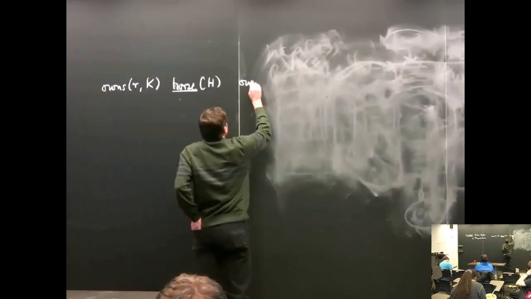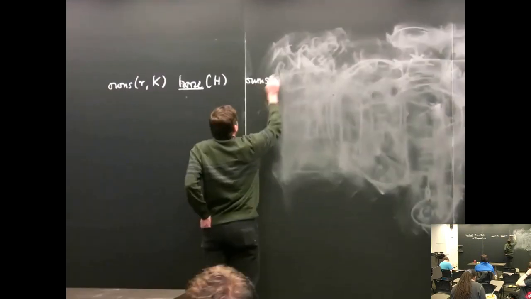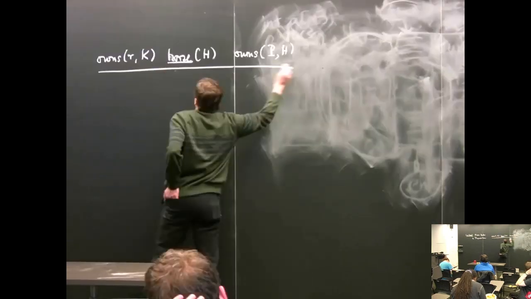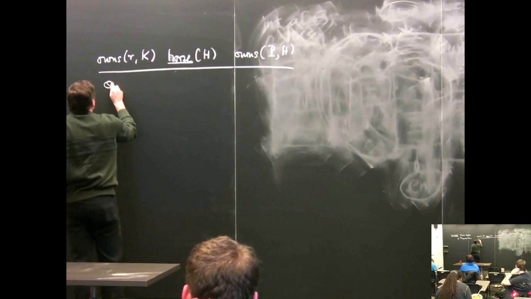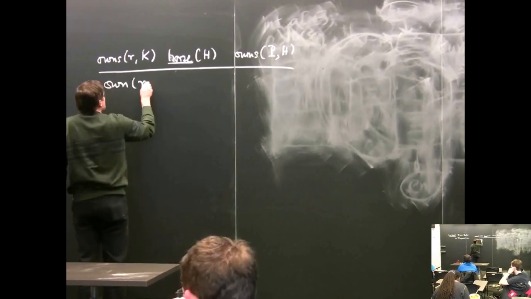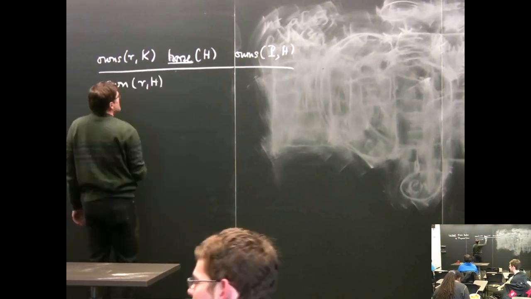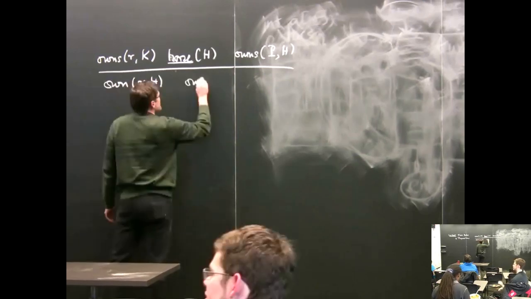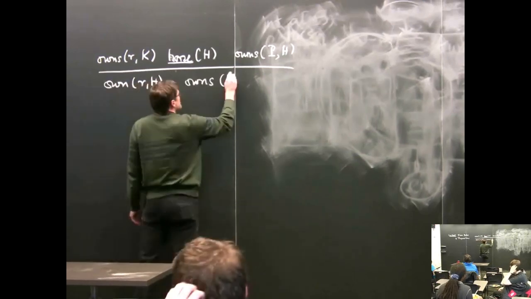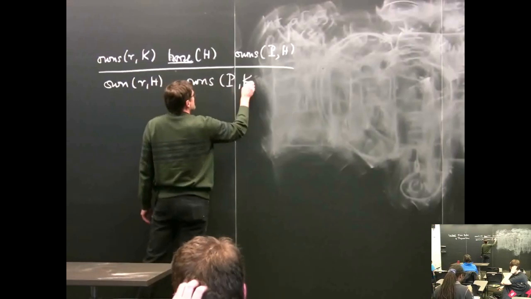and we made that persistent, and some person P owns that horse, then Richard now owns the horse, which of course stays, and we have traded it, so P now owns the kingdom.